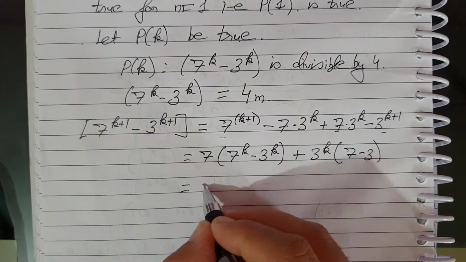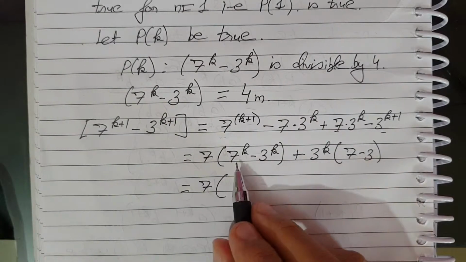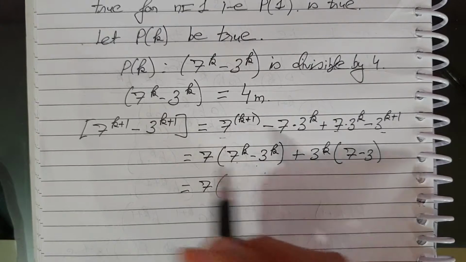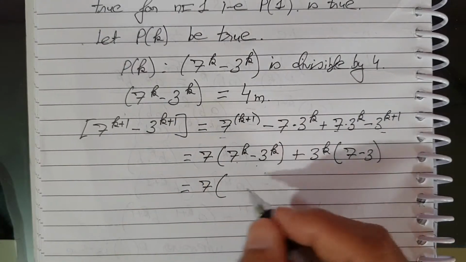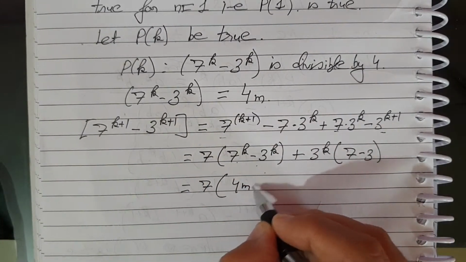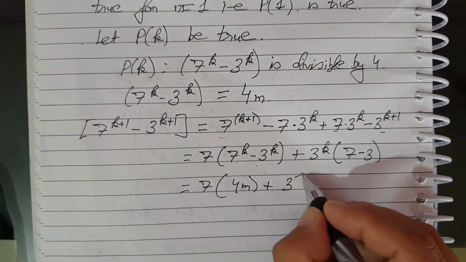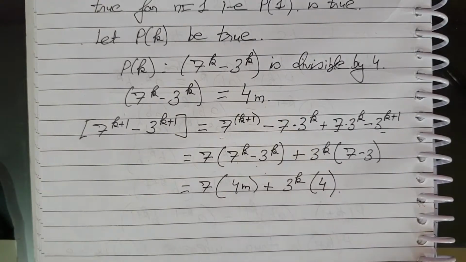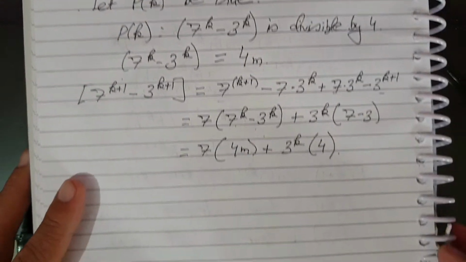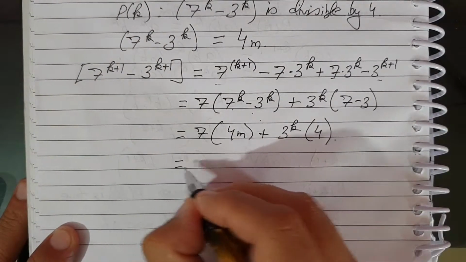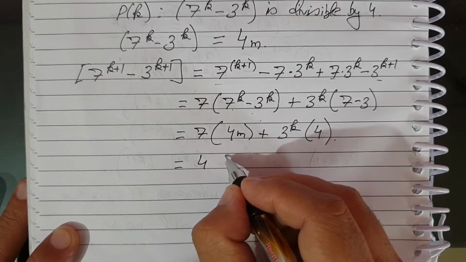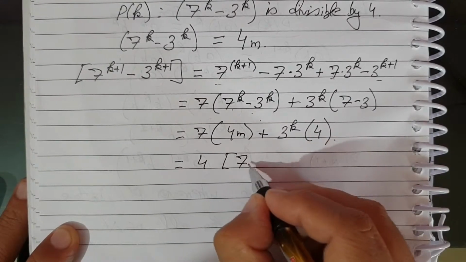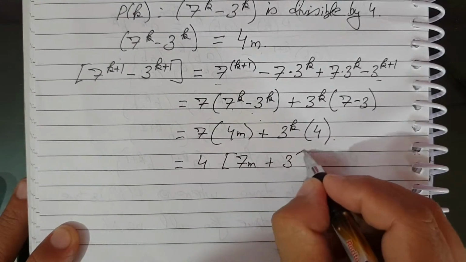Now 7 to the power k minus 3 to the power k is actually equals to 4m. So we can write this as 4m plus 3 to the power k. Now 7 minus 3 is what? 4. Okay. Now from here you can take 4 common. So inside bracket, this will be 7m plus 3 to the power k.